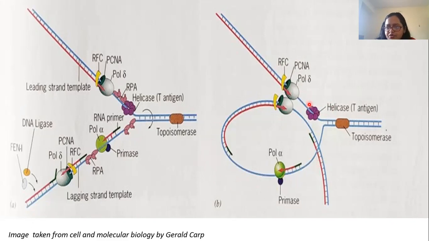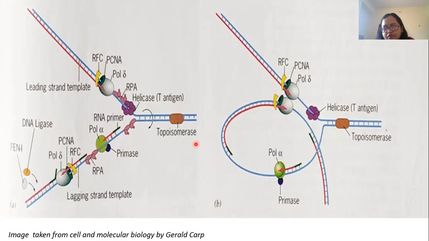This loop brings the polymerase delta along with PCNA and RFC to synthesize the DNA on the lagging strand as well. So in this way, the DNA is synthesized on both the lagging as well as the leading strand.